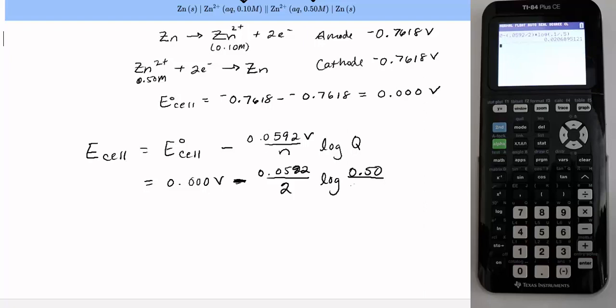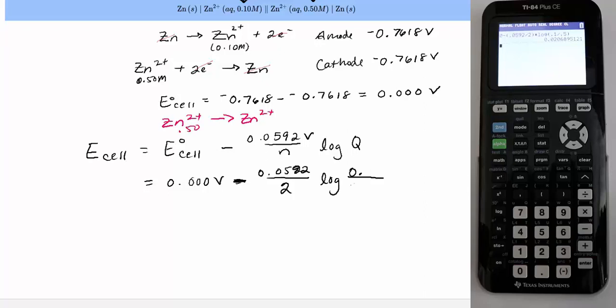So before I go making any more mistakes, let's work out that final equation. I'm going to change my colors here, try to make it stand out. So the net reaction, we would have 2 electrons on either side, so they would cancel out. Our solid zinc is going to cancel out. So our net reaction is actually going to be this zinc forming this zinc.